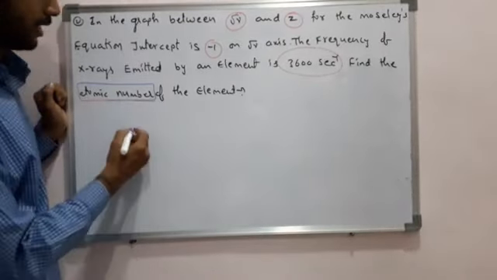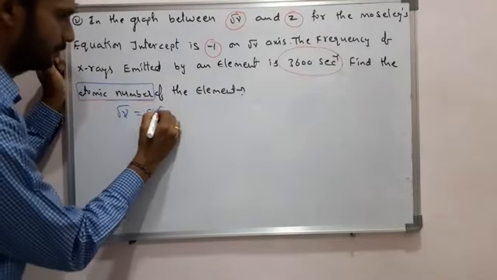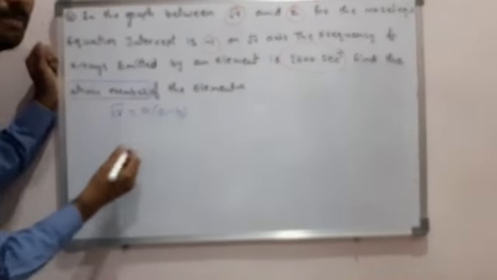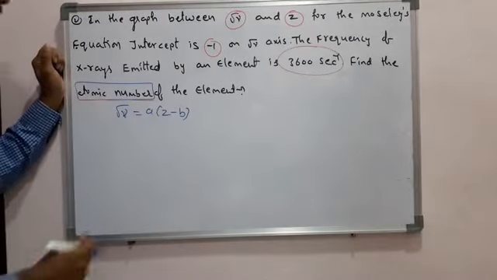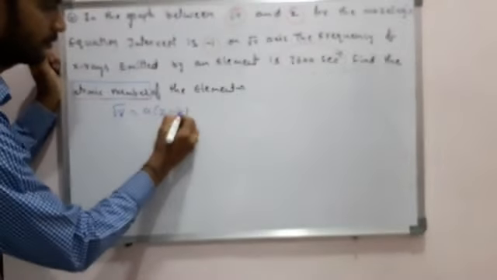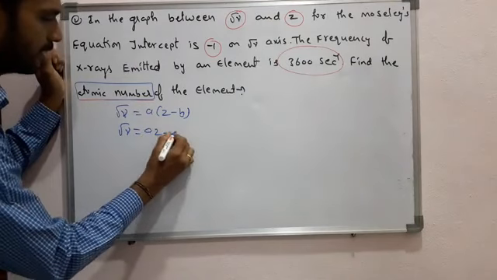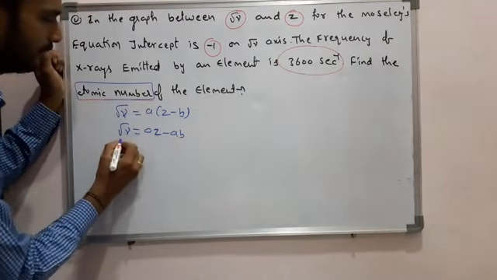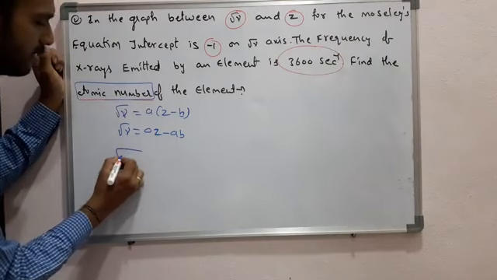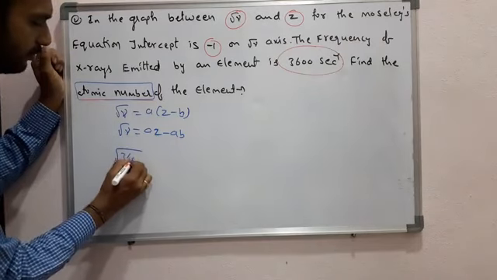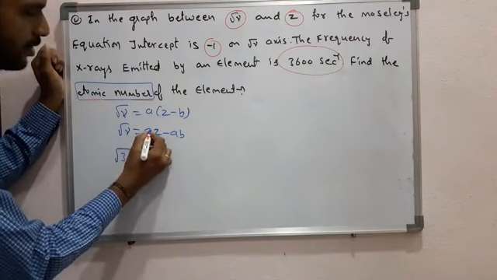So we know the equation root nu is equal to A(Z minus B). Similarly, root nu is equal to AZ minus AB. Here nu is given as 600. So what is A?